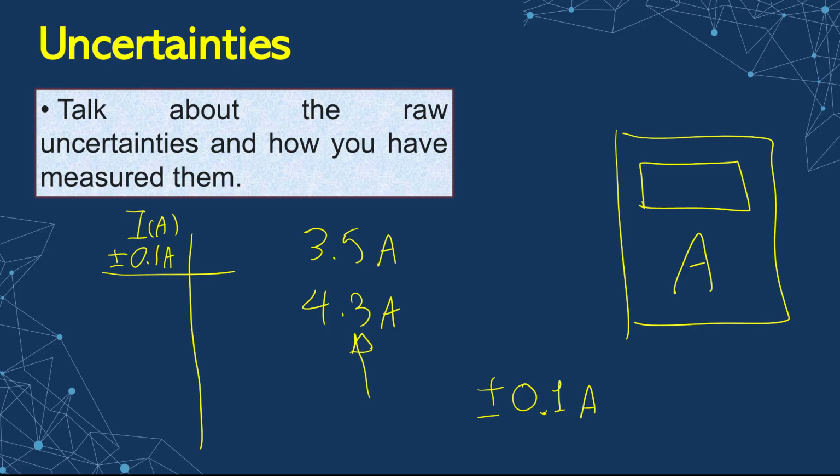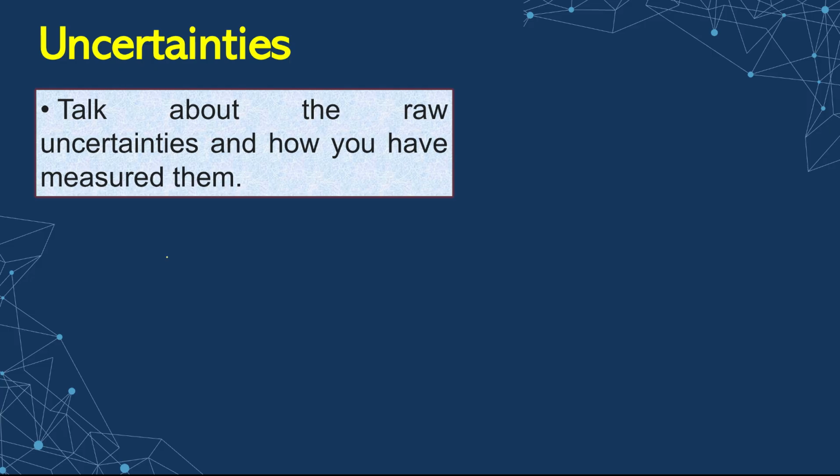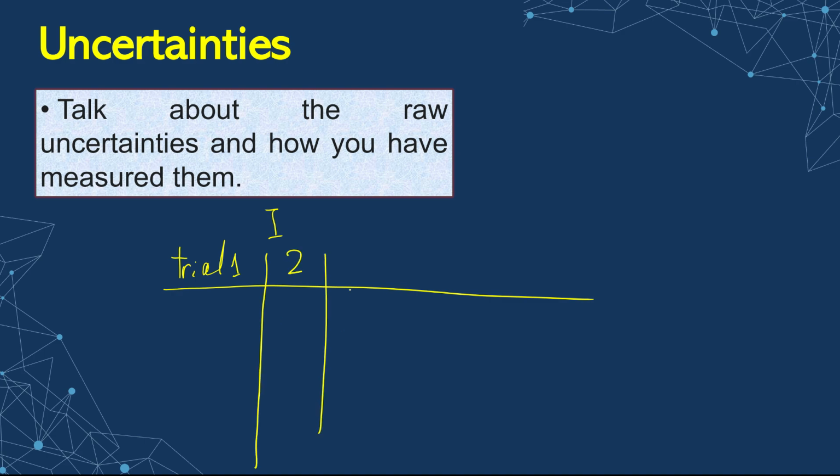The other is the raw uncertainty based on the average. Let's say you have measured the current in 3 or 5 trials, whatever, and then you have taken the average. So the reported values are like this: current, trial 1, trial 2, trial 3, and the average, okay?